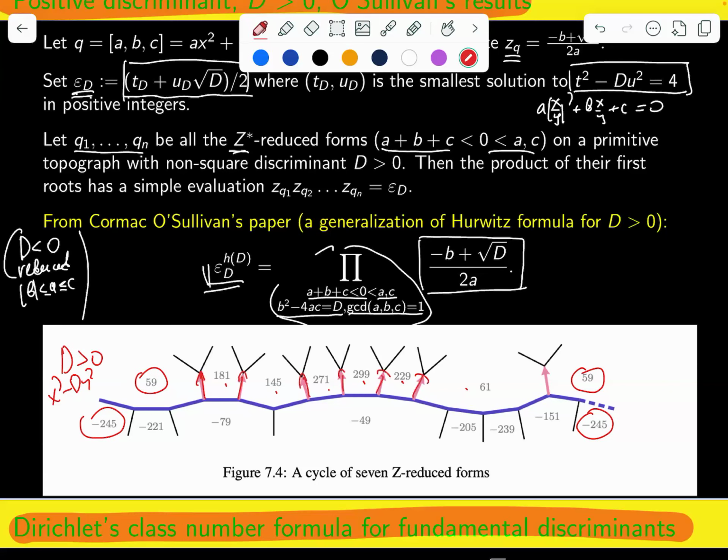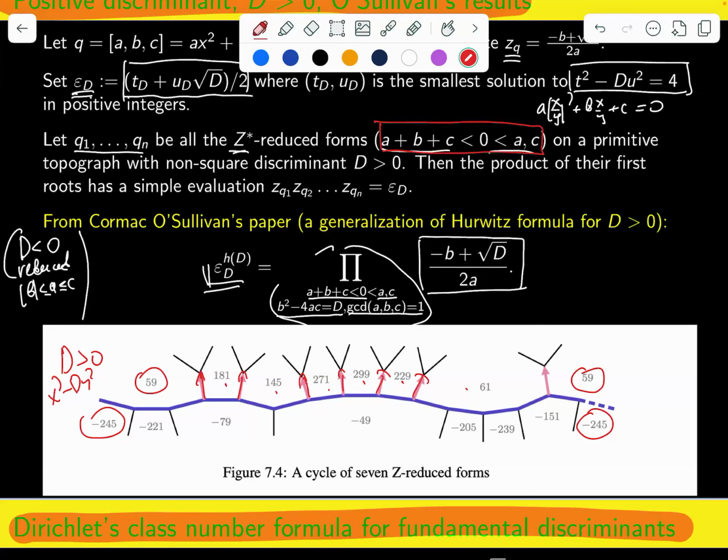So you see why topographs are good. Classically, you have to define reduced forms with such conditions, and then you show that in every equivalence class of forms there is at least one reduced form, but maybe there are many of them, and you do something with them. So it's complicated.